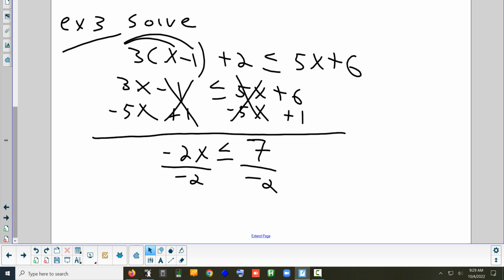And before I do any arithmetic or even think about that, what should I do right away so I don't forget it? Flip the sign. Because we just divided by a negative. So this cancels out, and we get x is greater than or equal to negative 7 halves. Remember, it doesn't matter where you put the negative.